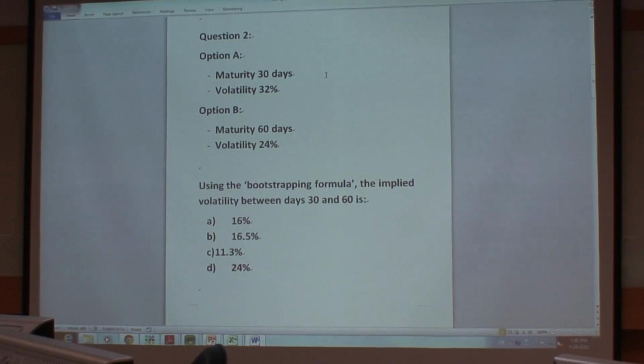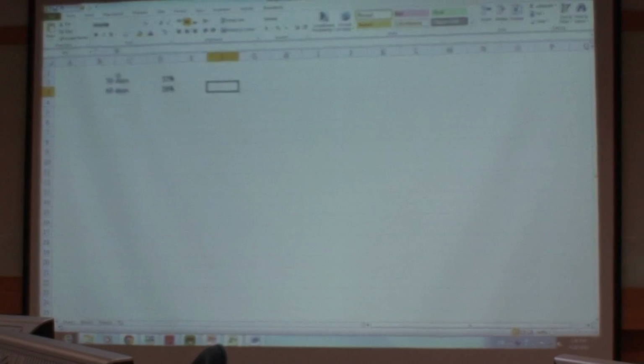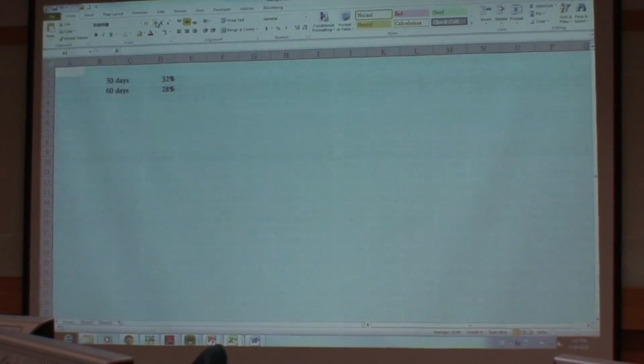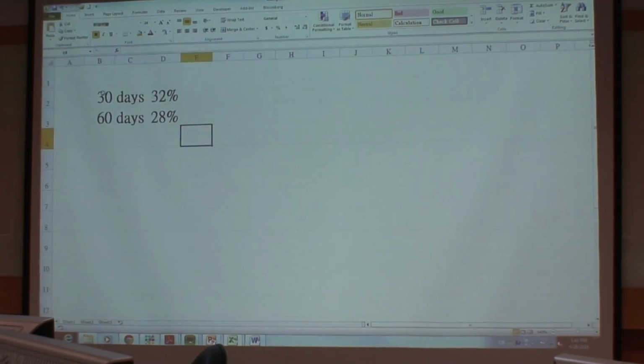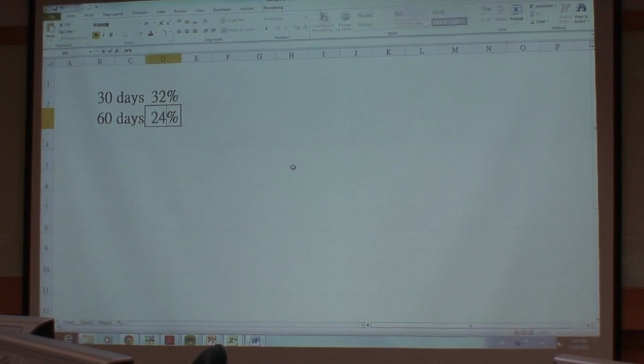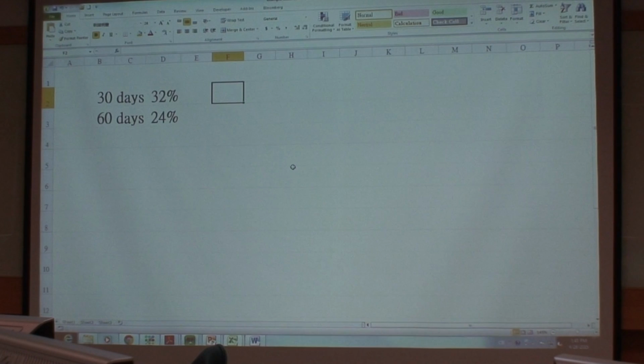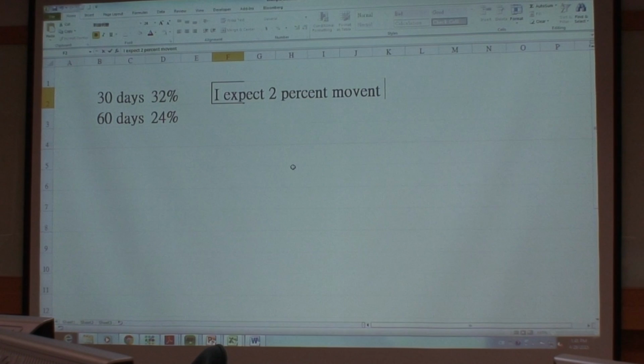Otherwise, let's do one more time that spreadsheet, because I think that's a bit more intuitive than just the formula. So what have we got? We got 30 days at volatility 32, and 60 days at volatility 24. In words, what it actually says is, I expect 2% movement every day for the next 30 days.